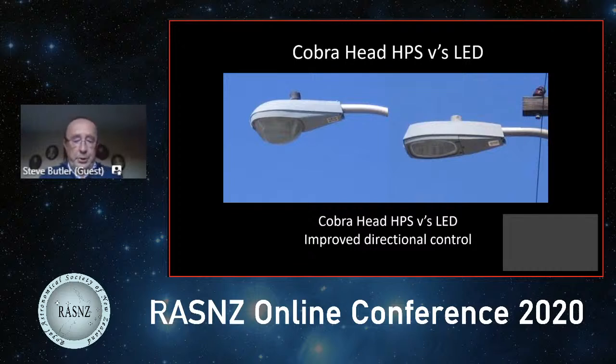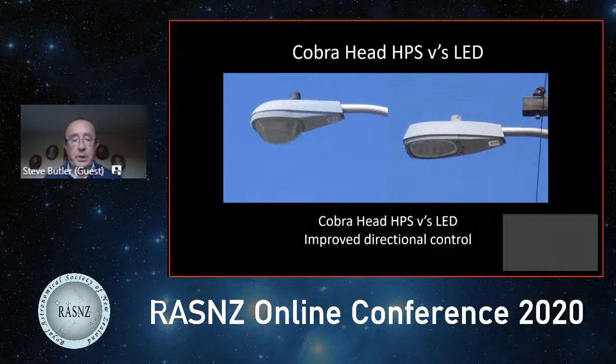So this is what I was considering, and my first reaction was on the left we have the old Cobra head street lights with a big drop lens underneath which scatters light everywhere. Often those lamps in New Zealand are tilted at 15 to 30 degrees up above horizontal, so there's even more spill light coming from them.